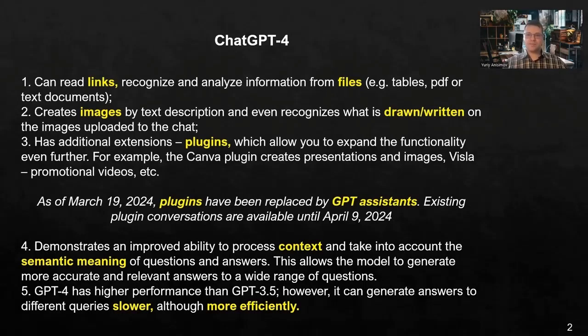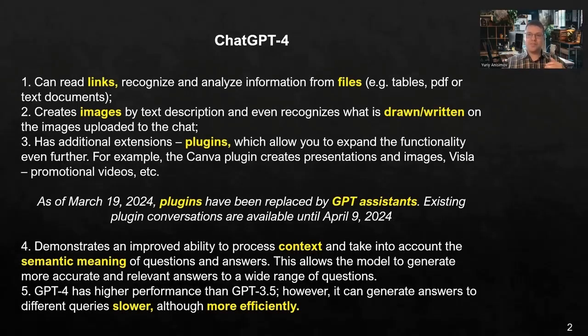So plugins can help you solve a lot of tasks. For example, reading links, again, although GPT-4 can read links itself, it has a separate plugin called Web Pilot. So it's more advanced and it gives better responses when you provide links to it. Wolfram Alpha is a plugin that allows solving math problems for students.